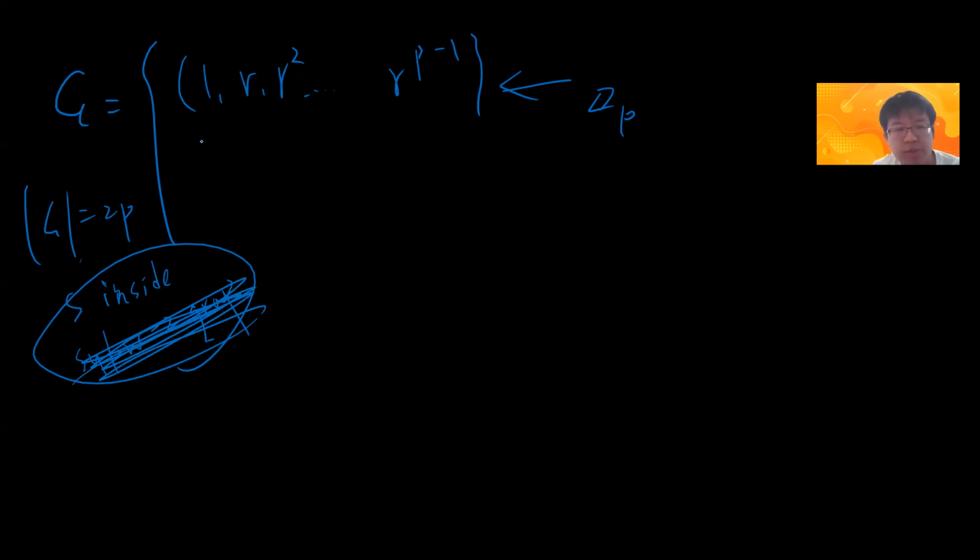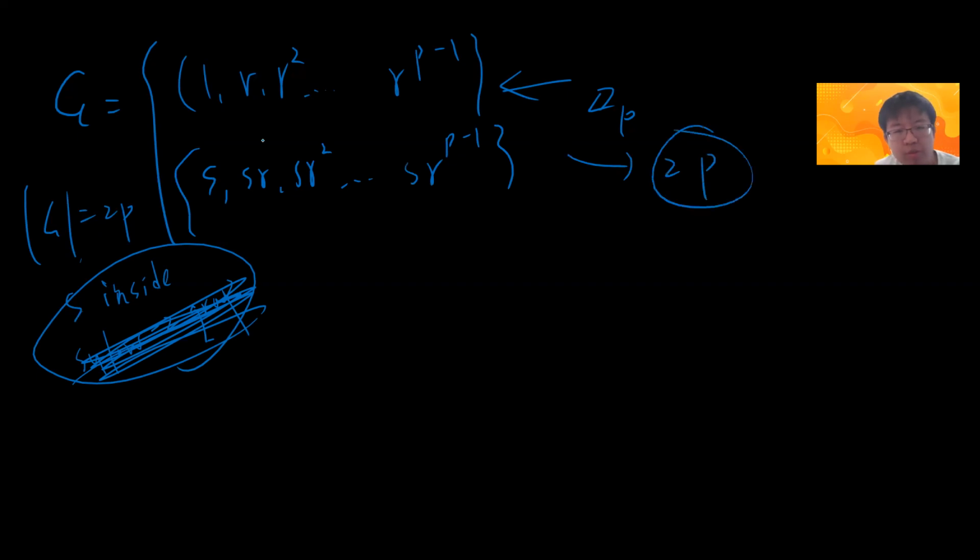You just take some S and multiply by this: R, S, SR, SR squared, up to SR^(P-1). So in total you have 2P elements, and it's easy to show that all of these are different; they cannot be the same. So these are all the elements you can have.